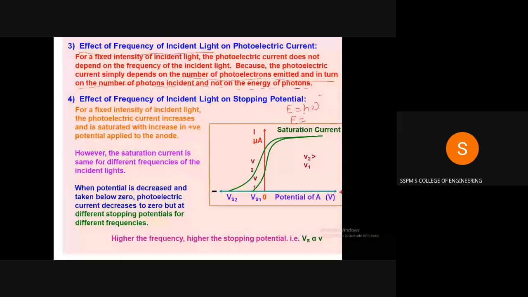H is Planck's constant. What is nu? Nu is the frequency of a photon, frequency of a wave. And what is E? That is energy. So for a single photon, E equals to h nu. For n number of photons, the equation would be E equals to nh nu, right?